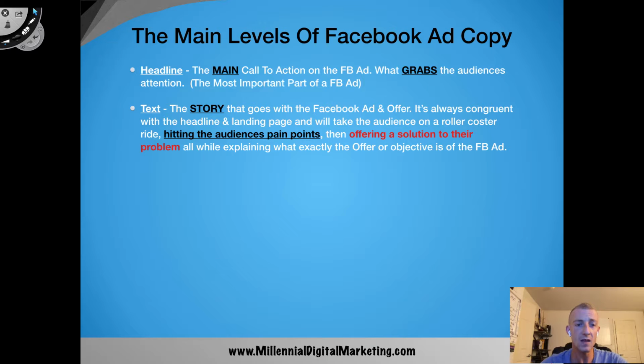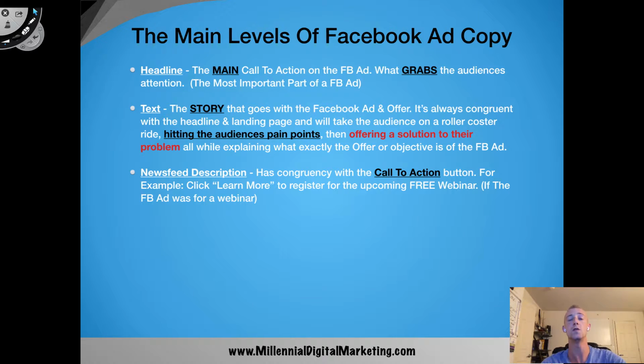Now, the next one is going to be the news feed description. Your news feed description has to have congruency to your call to action. So your call to action is going to be what you choose on the ad for the button to say. If it's going to say learn more, shop now, download now, install now, send message, whatever it is, it's got to be congruent to the news feed description.